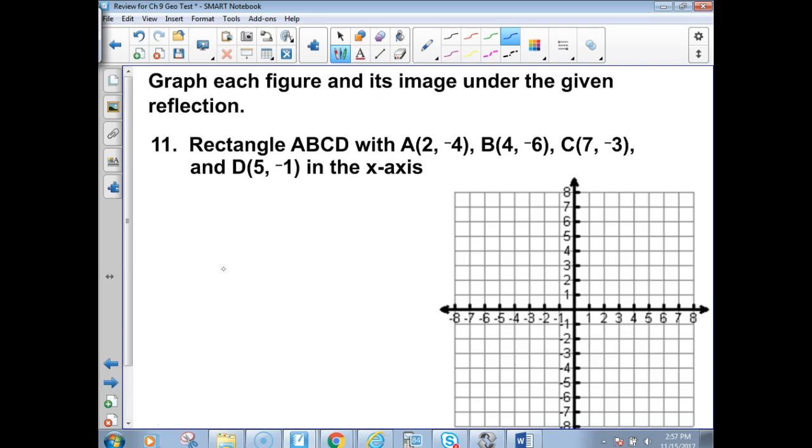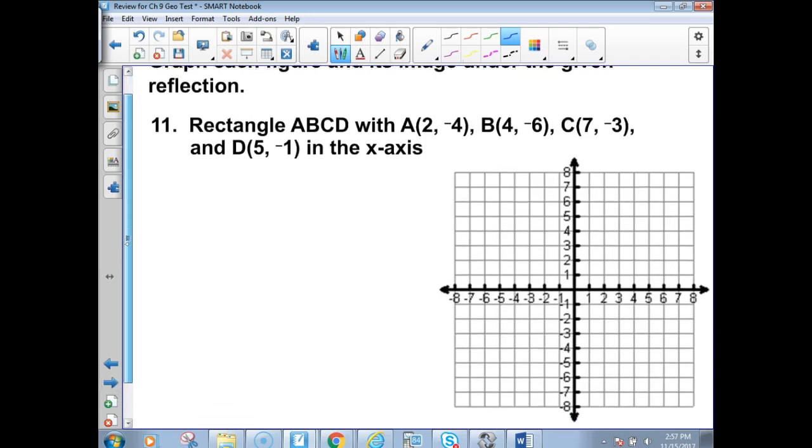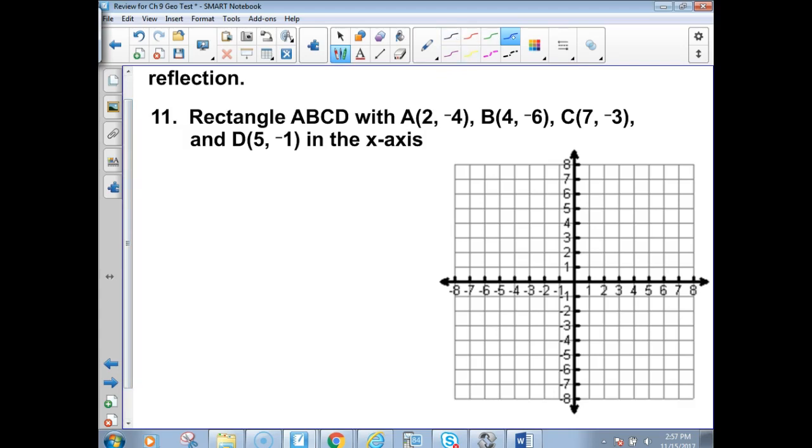All right, now it says to graph each figure and its image under the given reflection. So we're going to go ahead and graph the points first. Label it A. 4, -6. Label everything B. Labels count on the test. 7, -3 is C. And then I forgot earlier today about D. I just saw the 3 and I went and thought triangle.